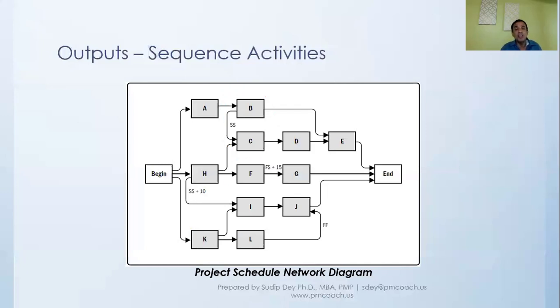And if you see F to G, it is finish to start, but with a 15 days lag. So you will have in this schedule network diagram all sorts of relationships coming together based on the activities you have found and the relationships you have determined.